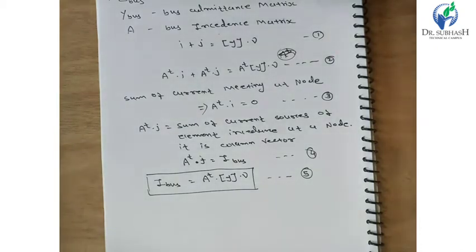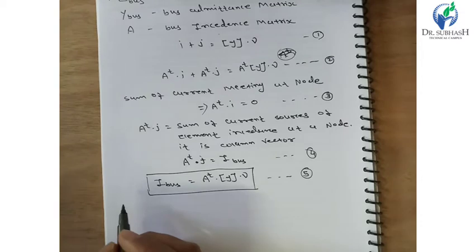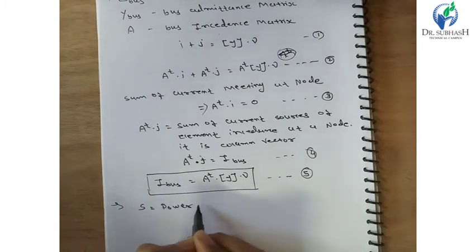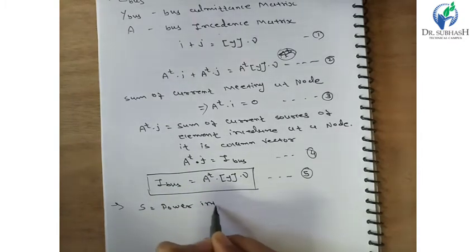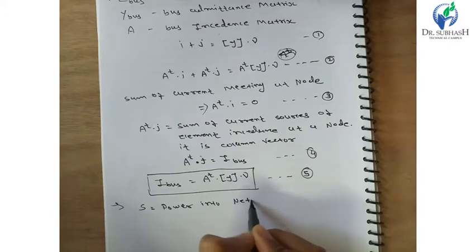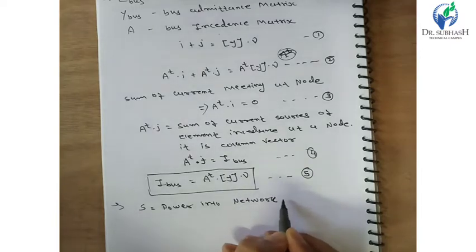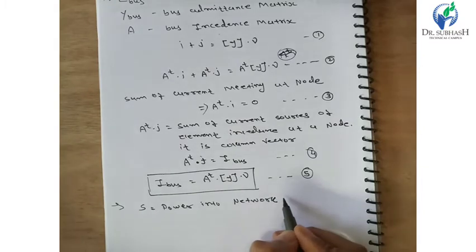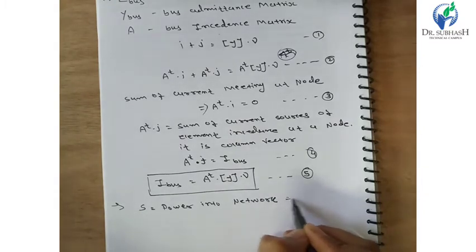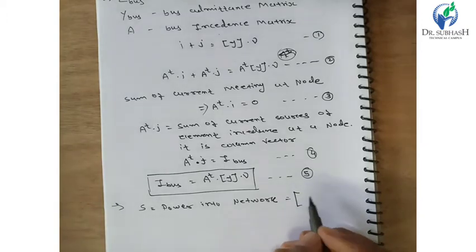If the bus voltage vector is represented as V bus and the complex power S in the network is given by the power into the network, the voltage represented as V bus, and the total power sources of the network is represented as current into voltage sources.